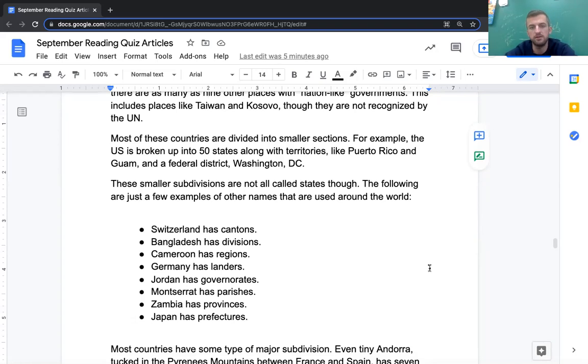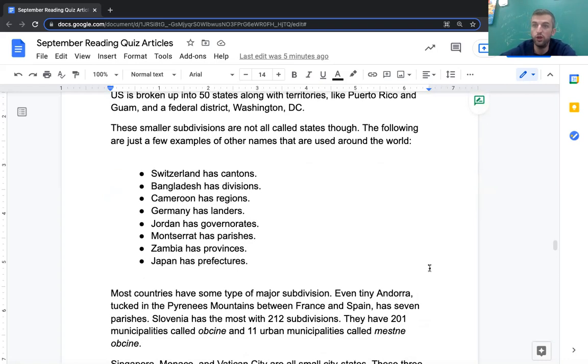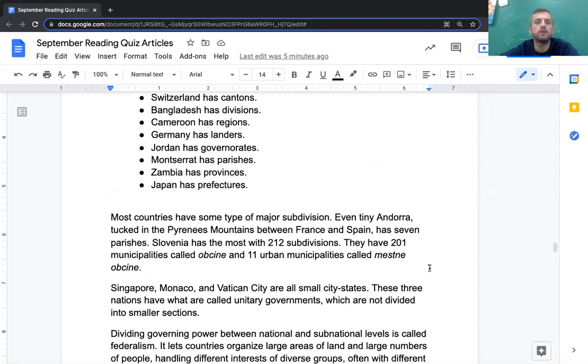Switzerland has cantons. Bangladesh has divisions. Cameroon has regions. Germany has Länder. Jordan has governorates. Montserrat has parishes. Zambia has provinces. Japan has prefectures. Most countries have some type of major subdivision.